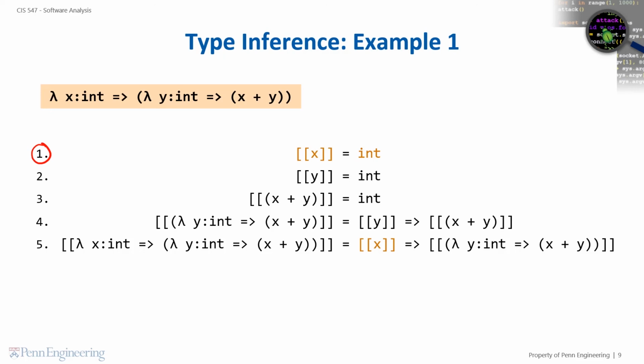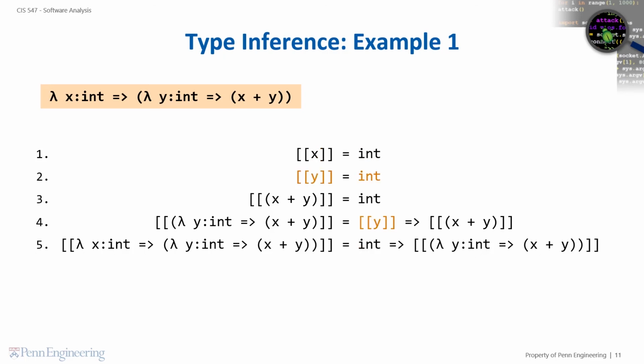If no contradiction arises, then the substitution will have given us the type of each program part, including the type of the entire program. We will illustrate the unification algorithm by applying substitution type of x equals int from constraint 1 to the remaining constraints. This simplifies constraint 5 to this.